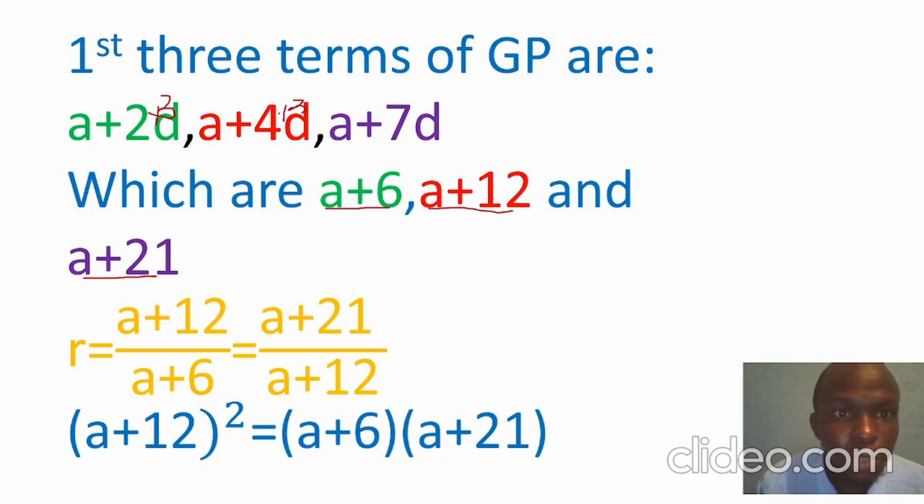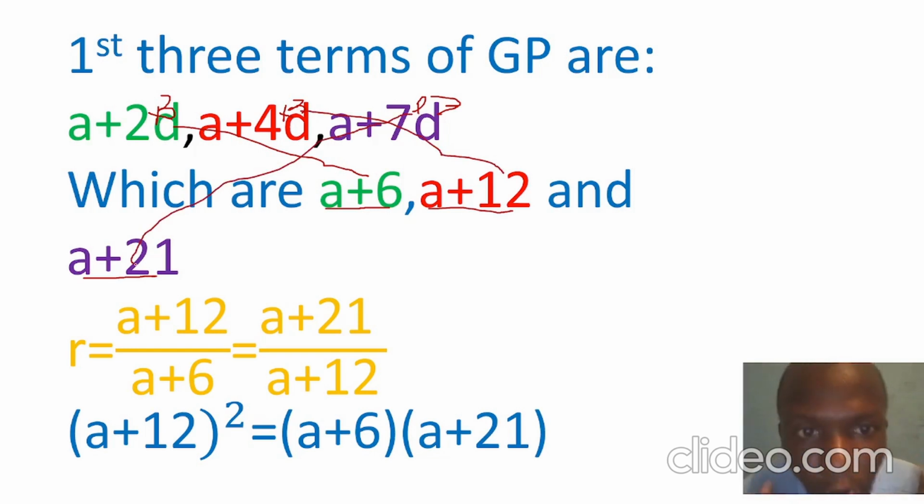So 2 times 3 is 6. 4 times 3, that is 12. 7 times 3, that is 21. So you have seen how these particular expressions have changed.